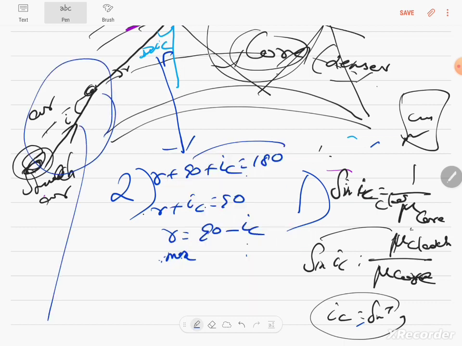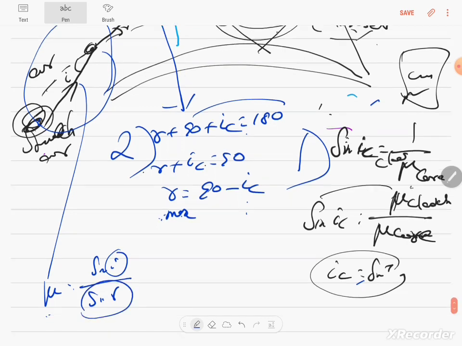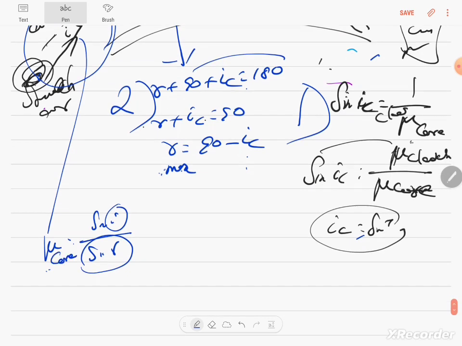It is entering from air into core. Air into core. So for the refractive index, it's entering from rarer to denser. So mu is equal to sin I by sin R. This I is the angle of incidence, where the light is falling on my ulcer. If you know mu, which is mu of core with regard to air, that will be given.